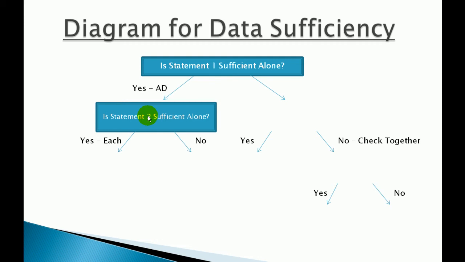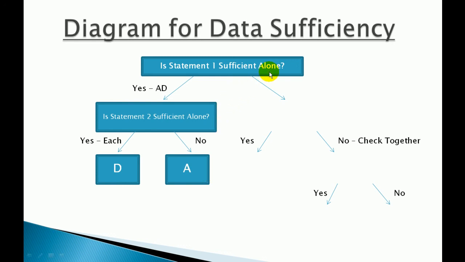And if the answer to that question is yes, then the correct answer choice is D, which means that each statement alone is sufficient. If statement 2 was insufficient alone, then the correct answer is going to be A. And A means that statement 1 alone was sufficient, but statement 2 alone was insufficient. And you can see how we arrive at that by using this flowchart.